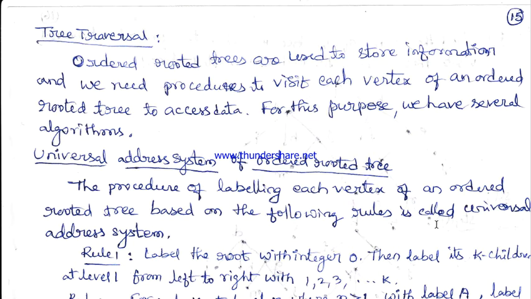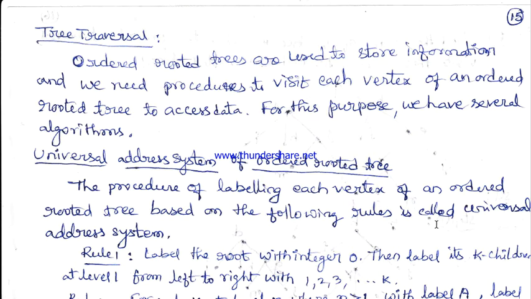Because the ordered rooted trees are used to store information, before storing of information using ordered rooted trees, their vertices need to be labeled using a proper procedure. So the procedure which is used to label each vertex of an ordered tree is known as universal address system.